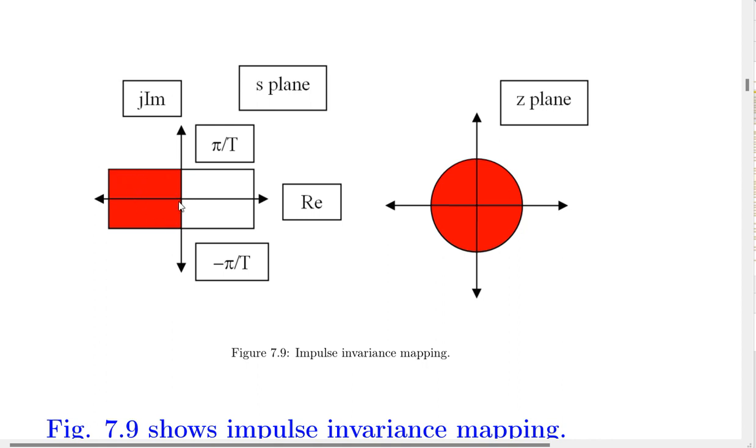Just moving from lower frequency 0 up to pi over T will lead to moving from 0 frequency up to the max frequency here. Or similarly, if you get this part, you see here the indicator, moving from 0 up to minus pi over T, you will have a movement from here up to 180 degrees, the maximum frequency allowed in the z plane. So what about this part?